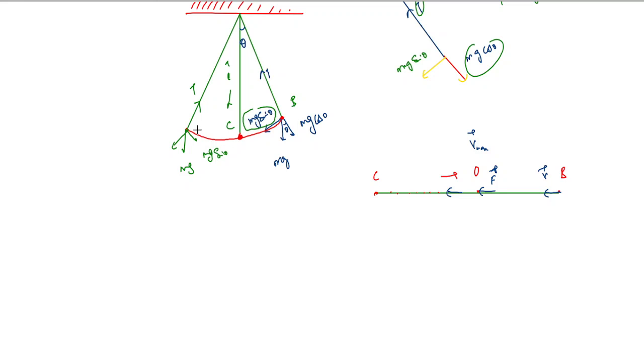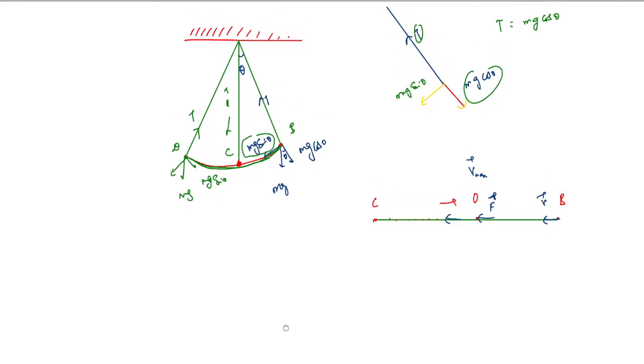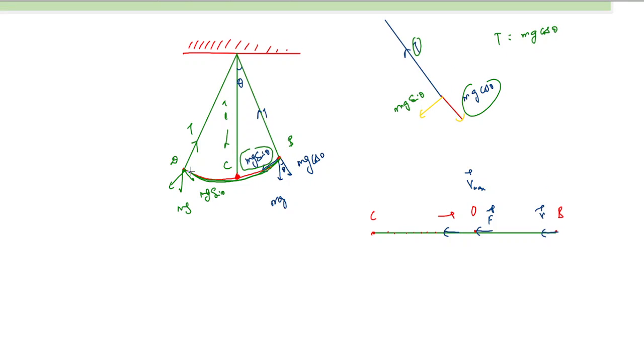If you look at point D, it's like a curve here. So we can assume that this pendulum is moving in part of a circular motion, because you can assume that this BC or BD is part of an arc of a bigger circle of radius L.